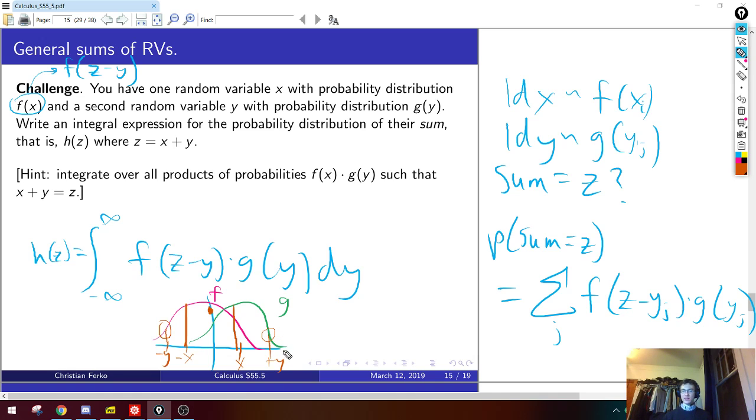I should add up all of those possibilities over the infinitely many choices of one number along f and one number along g to give me the sum z. So that's what this integral is doing. It's adding up all possible ways that you get one number from the f distribution and a second number from the g distribution, such that the sum of the first and second numbers is this z that you're looking for.